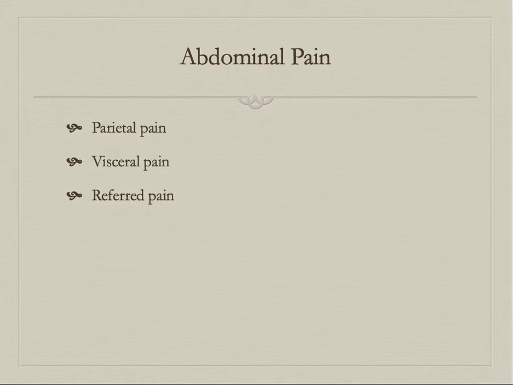So that's, for example, why you can feel stomach pain sometimes in your chest or in your shoulder, okay? Parietal pain, though, typically is not referred, and you can actually say, my right upper quadrant hurts. That's your gallbladder, okay? And it's right there, okay? So it is irritated by the parietal peritoneum.